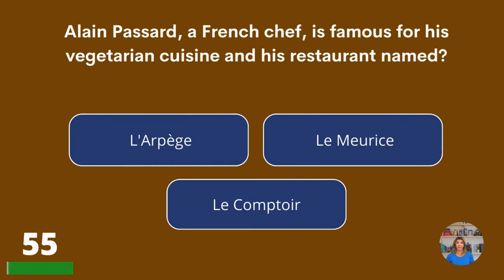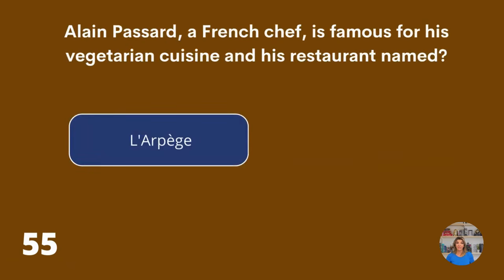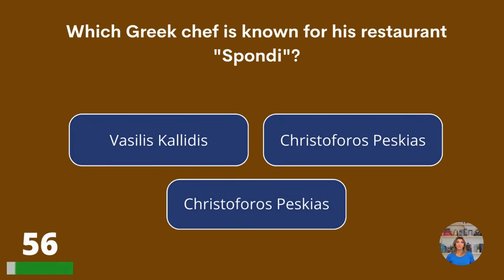Alain Passard, a French chef, is famous for his vegetarian cuisine and his restaurant named L'Arpeggier, Le Maurice, or Le Comptoir? L'Arpeggier. Which Greek chef is known for his restaurant Spondi? Vasilis Kalidis, Christoforos Peskias?